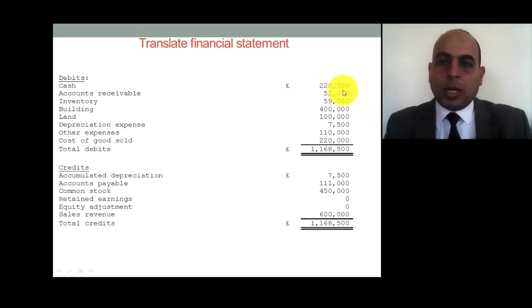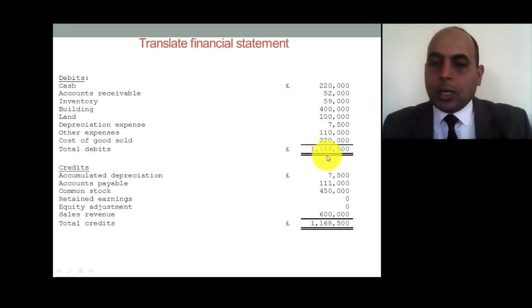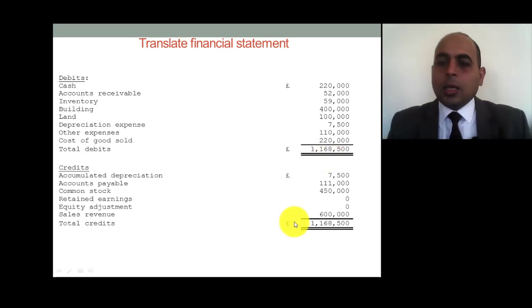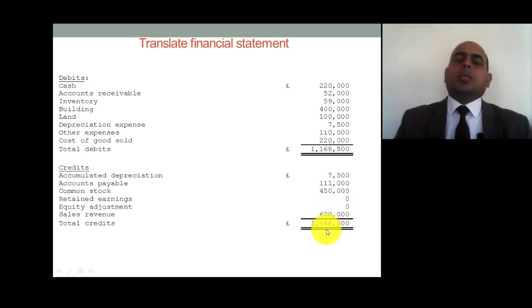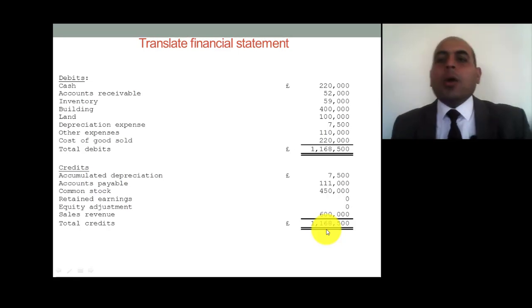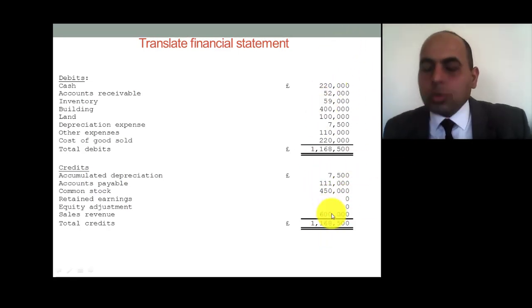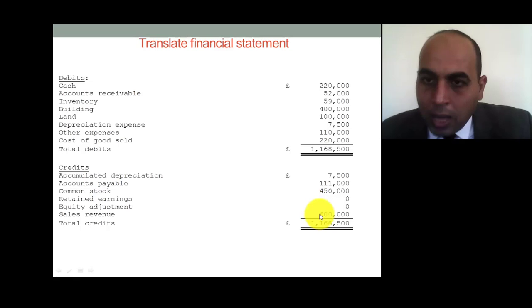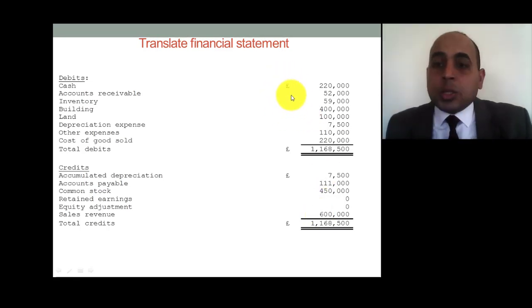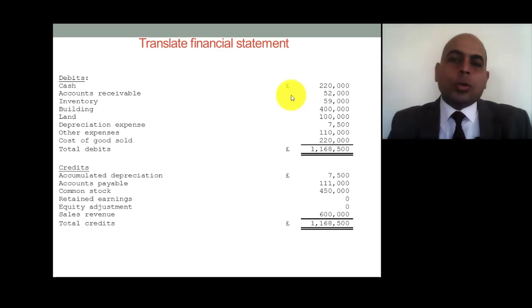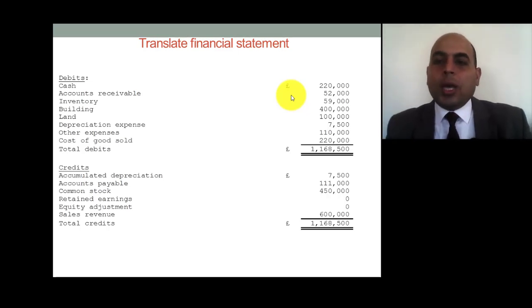Here we have cash of 220, accounts receivable, inventory, building, etc. In total, we have total debit 1,168, and on the other hand, the credit in total: accumulated depreciation, payable, common stock, etc., 1,168. The point is how we will translate this amount from British pound to something else, for example, to Jordanian dinar, to Egyptian pound, to US dollar.